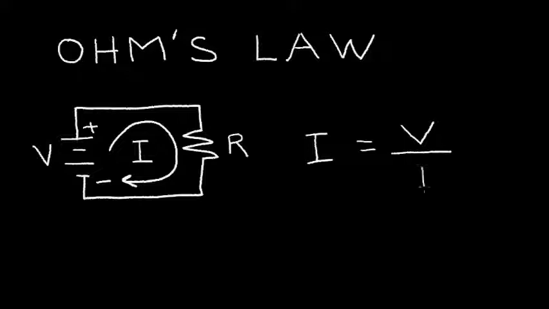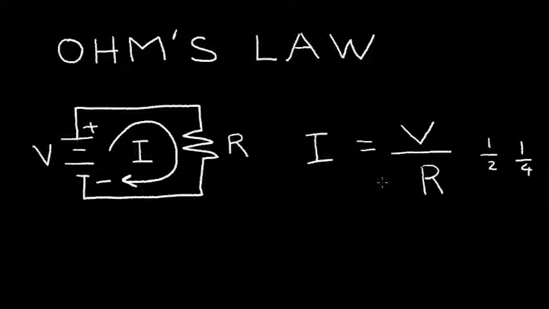So resistance goes in the denominator. For example, if we have 1/2 and we have 1/4, here the denominator becomes larger, it goes from 2 to 4, but the overall result becomes smaller. And we call that an inverse relationship.